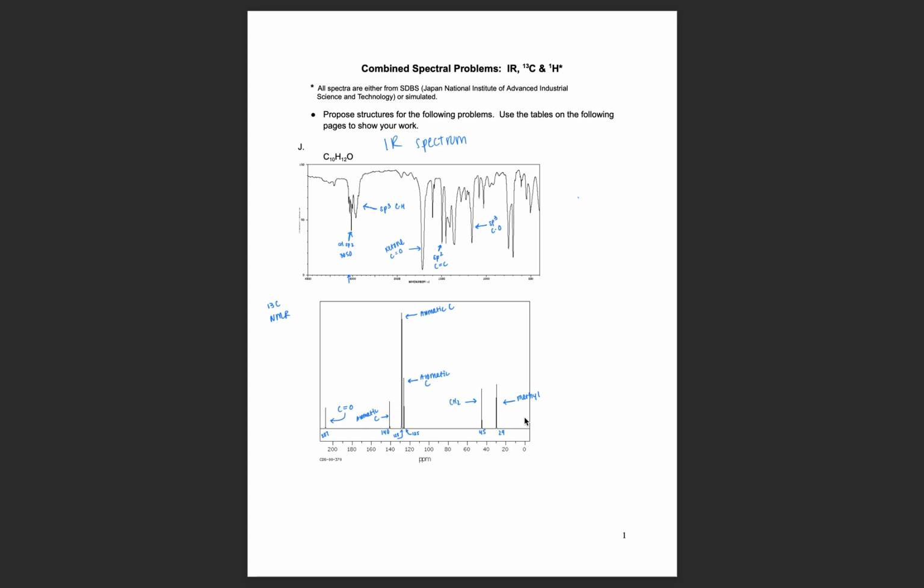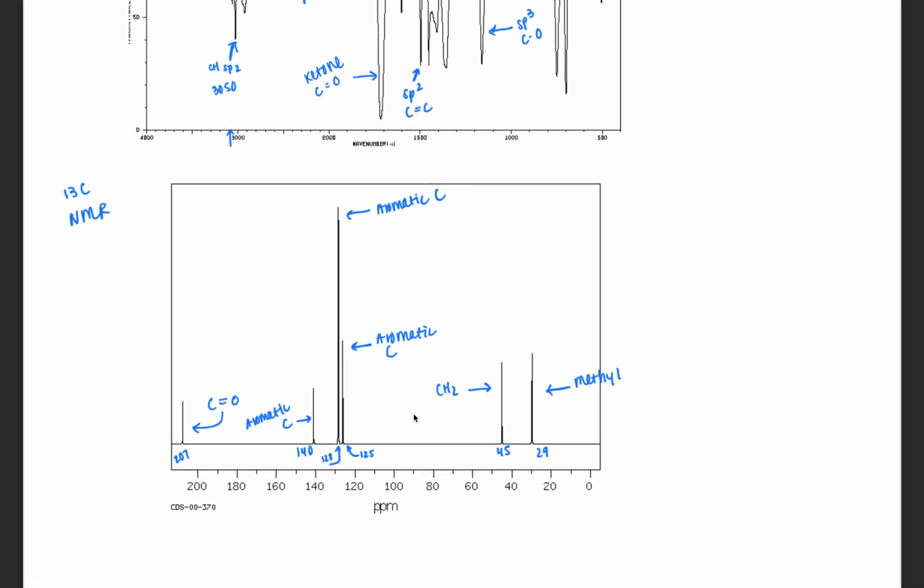We have our methyl group, and then at 45 ppm we have CH2, and right here is a little tight to see, but we have at 125 our aromatic C, which is carbon.